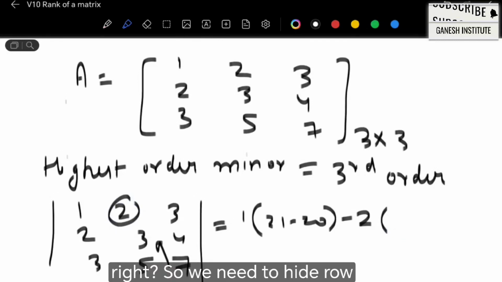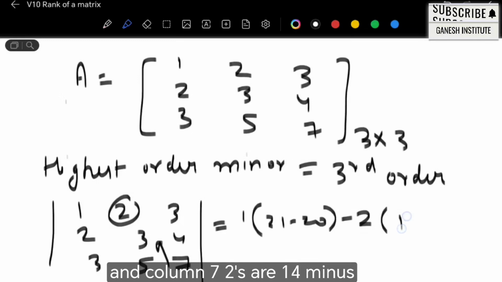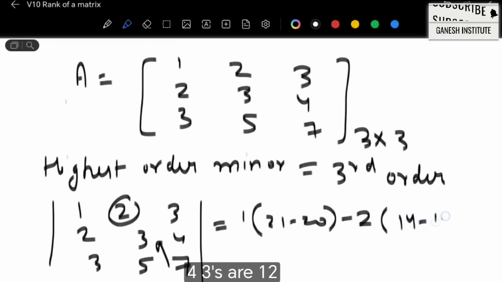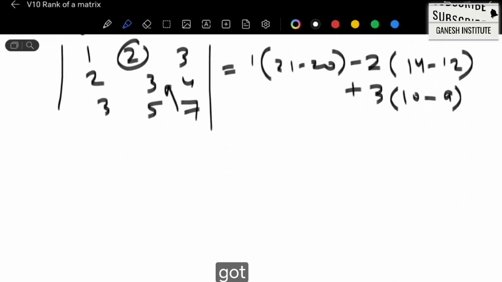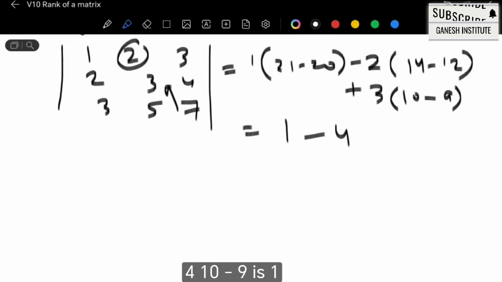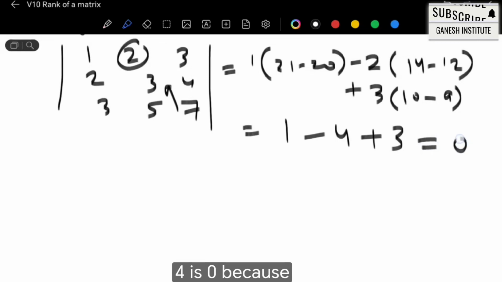So we need to hide the row and column. 7 2s are 14 minus 4 3s are 12, plus 3, 5 2s are 10 minus 9. So what have you got? 1. 14 minus 12 is 2. 2 2s are 4. 10 minus 9 is 1. 3 1s are 3. 4 minus 4 is 0.